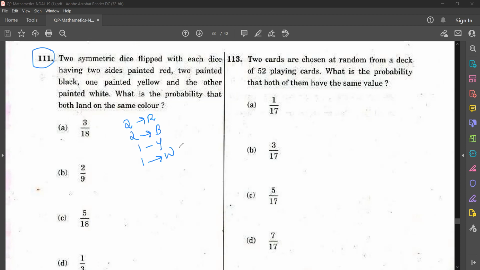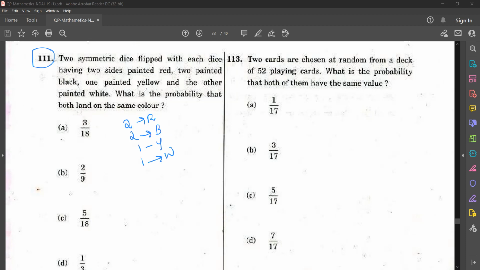You have to find the probability that they land on the same color. Okay, so please try to do it and tell me the answer.